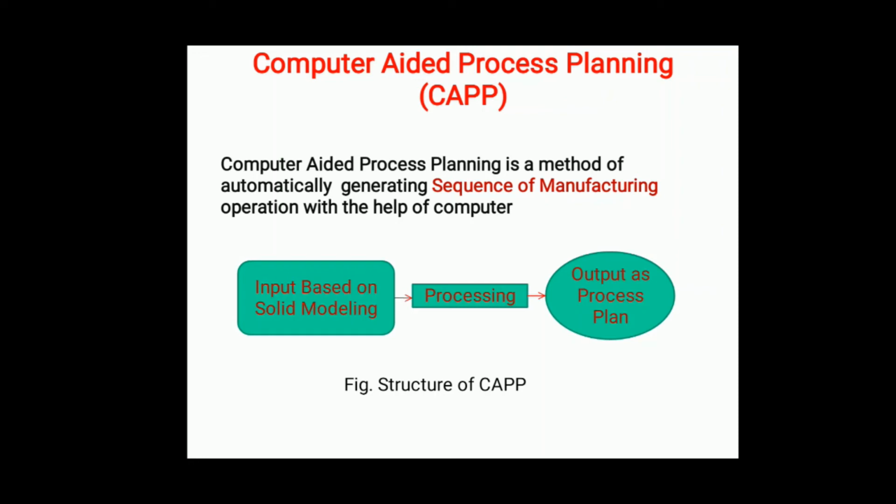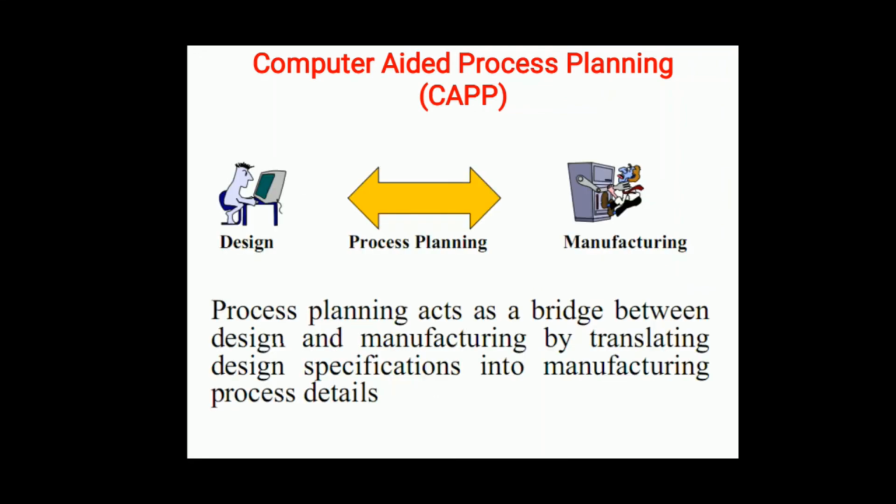It is a standard method to automatically generate the sequence of manufacturing operations with the help of the computer. Second, it is a bridge between design and manufacturing by translating design specifications into manufacturing process details. Or the main idea is to develop computer aided process planning to structure the data concerning part design, manufacturing facilities and capabilities into categories.